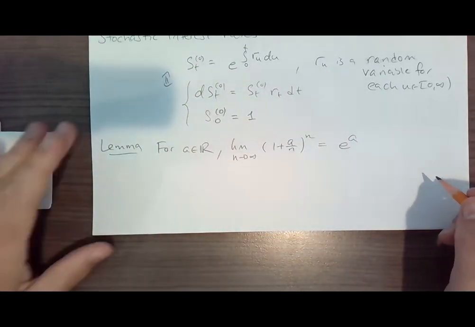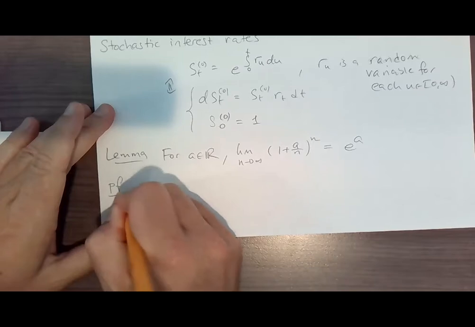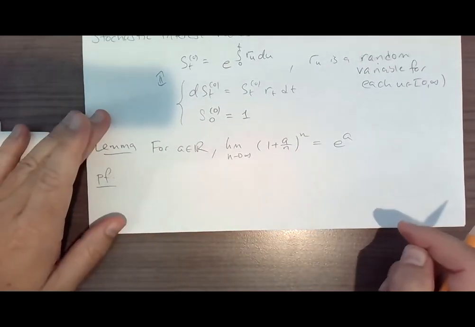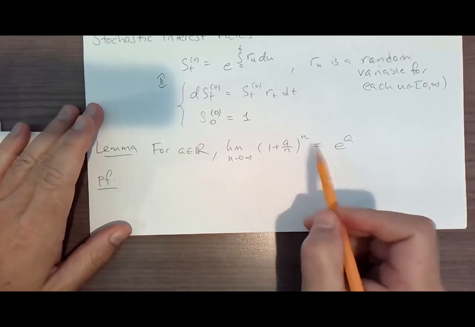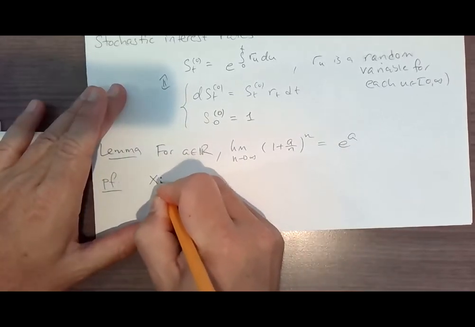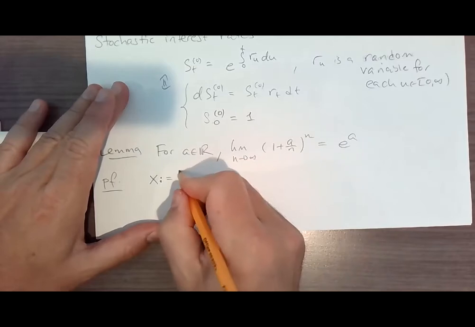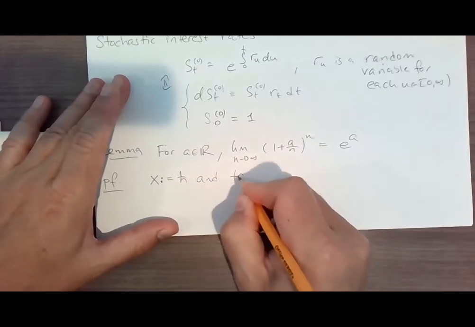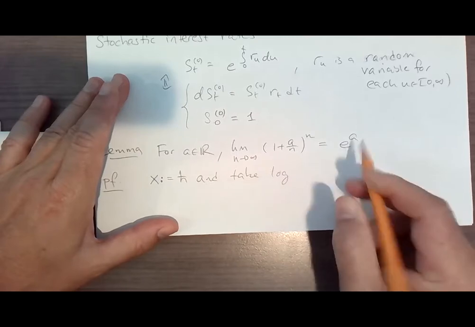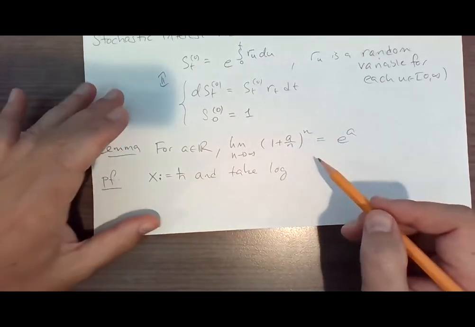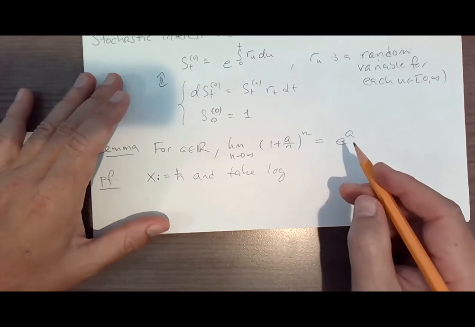And the way to see that is, it's not too hard. You can switch it over, so you can substitute x for 1 over n and take logs, because log and exponential are each other's inverses.